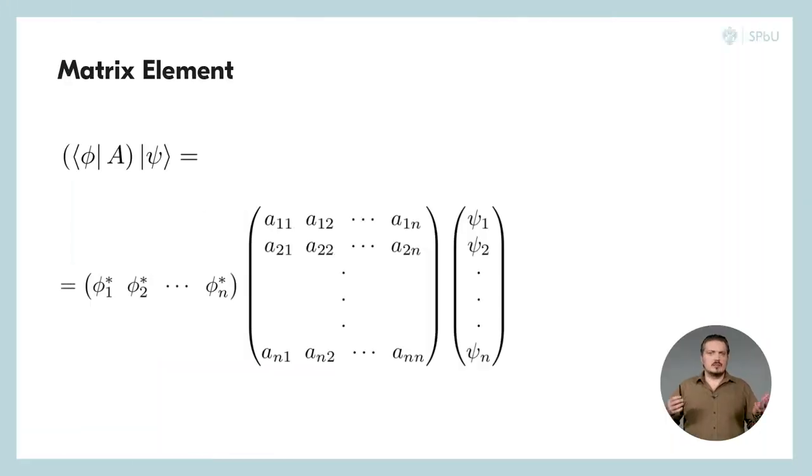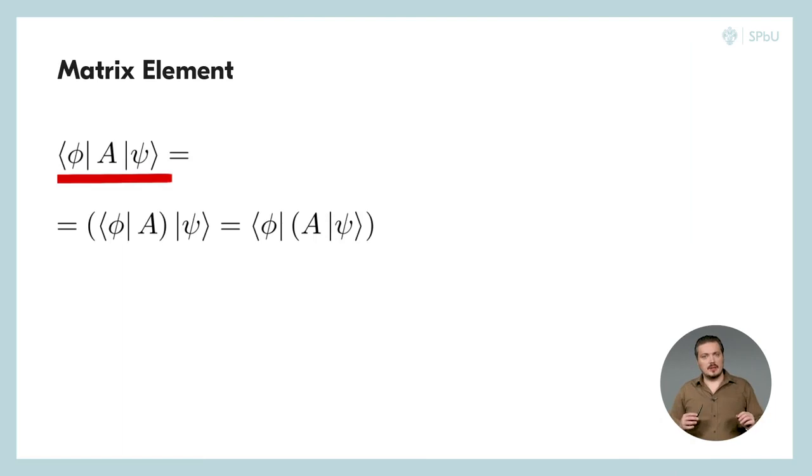And when this bra phi A acts on some vector psi, in the matrix representation we can write it like this. Row phi multiplied by matrix A and then multiplied by column psi. Since it doesn't matter in which order we perform these operations, we are going to rewrite it in Dirac's notation as this.